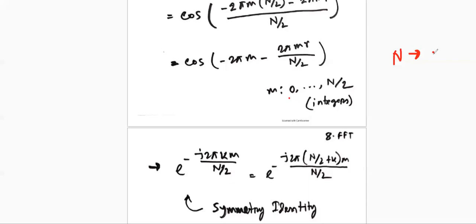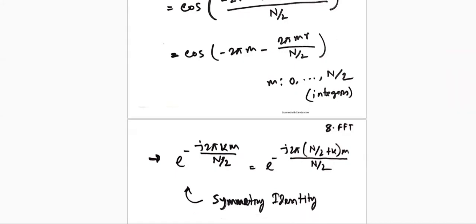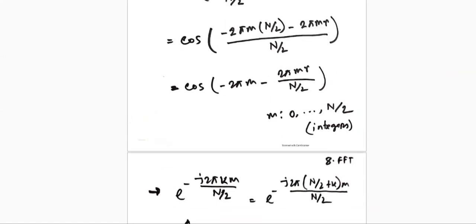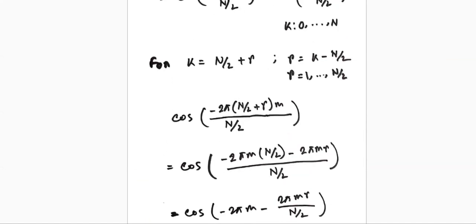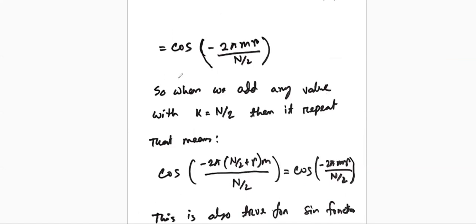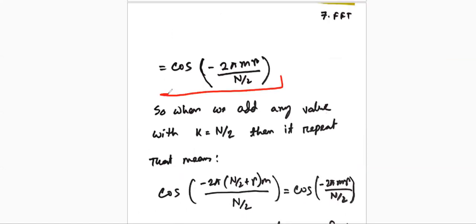As I have already mentioned, n should be a power of 2, so let's say 2 to the power a. Whenever you divide it by 2, that will generate an integer. Okay, no problem with that. For any value of the integer, it will give you the full cycle: twice pi, twice pi, thrice pi. In all the cases, it will actually rotate the full cycle. So whatever we have found here, we can write that this equals that value.